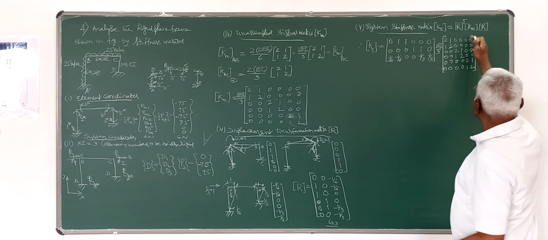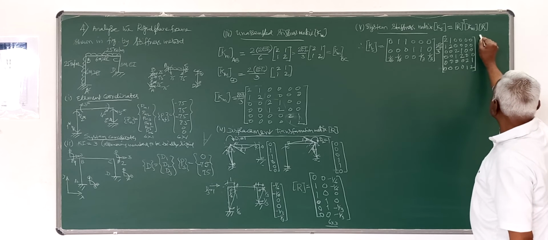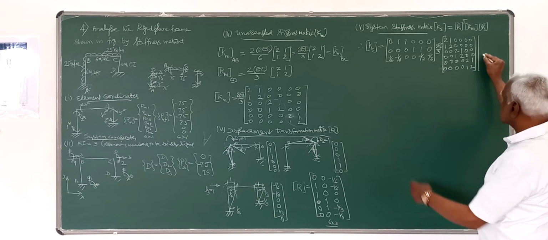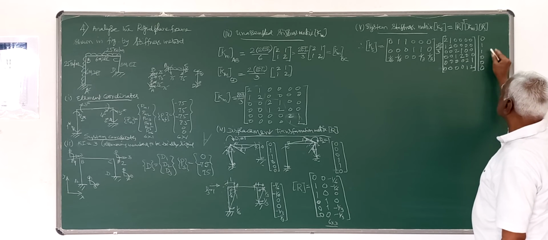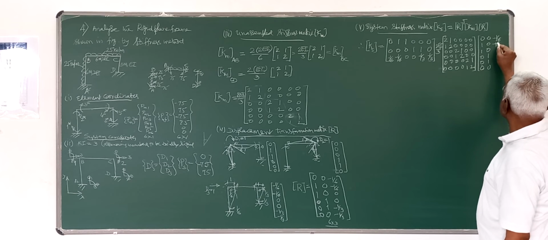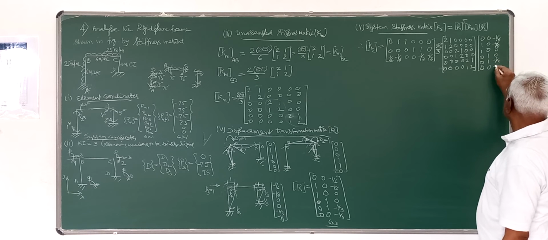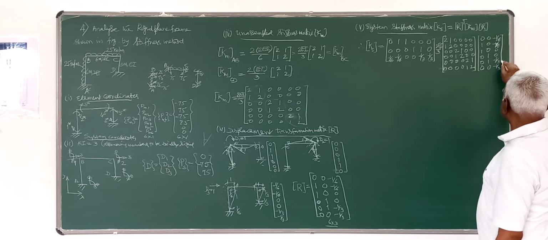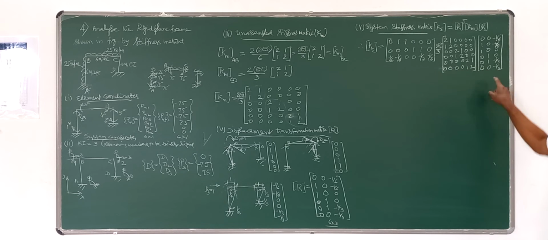That is the stiffness matrix Km. Then again R is 0, 1, 1, 3 zeros, 3 zeros, 1, 1, 0, then minus 1 by 6, minus 1 by 6, 0, 0, minus 1 by 3, minus 1 by 3. So this is R transpose into Km into R.